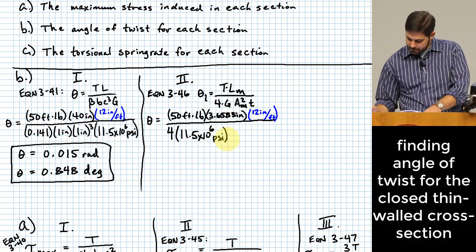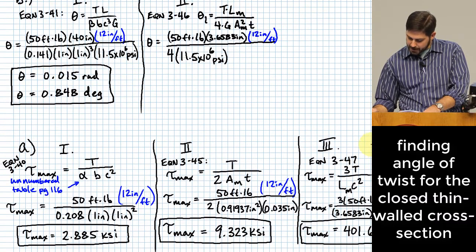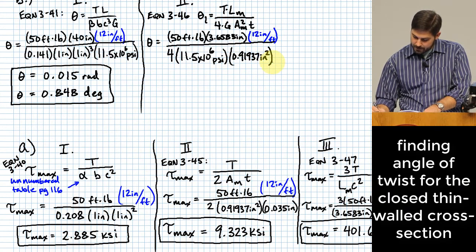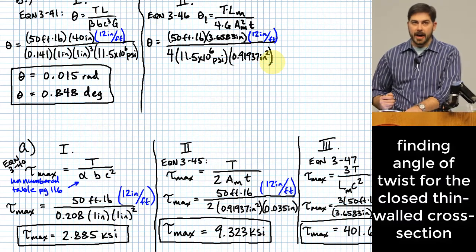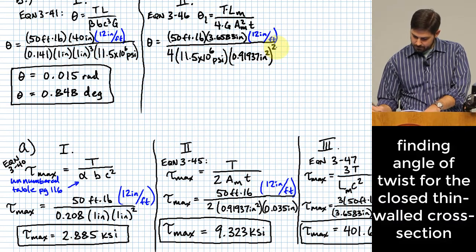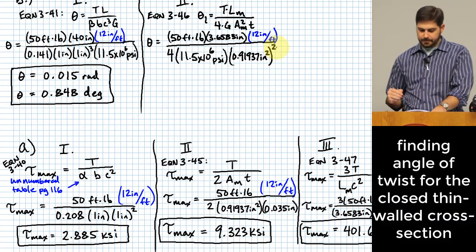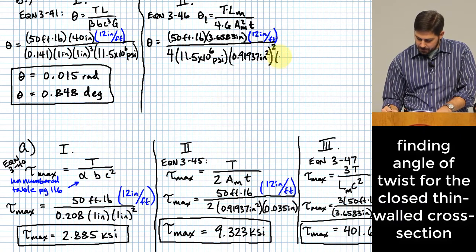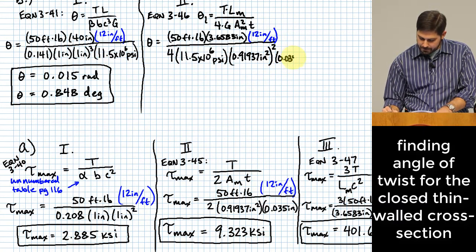A sub M was this area enclosed by the median line, 0.91937 inches squared. And then that parameter is squared. And then lastly, we get this multiplied by the wall thickness.